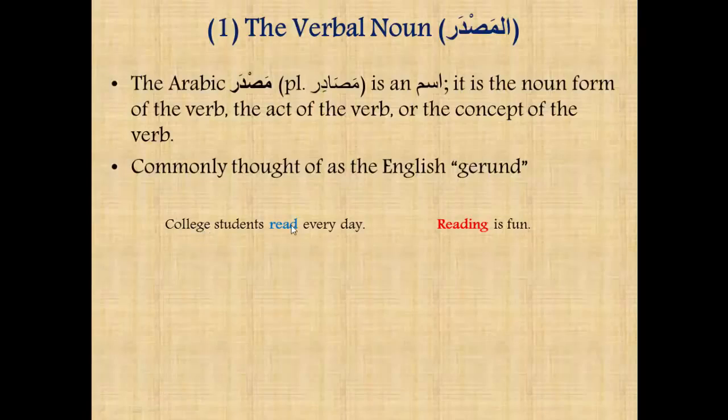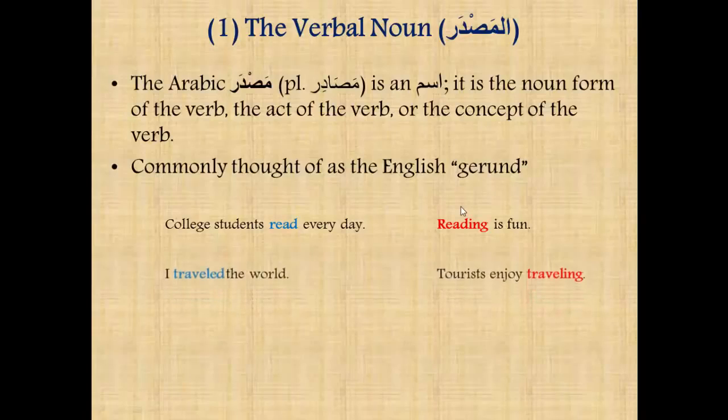The word read, highlighted in blue, is a verb. It describes an action. But then we have sentence number 2, reading is fun. So the word reading, highlighted in red, is a gerund. Its function is the subject of the sentence and it's treated like a noun.